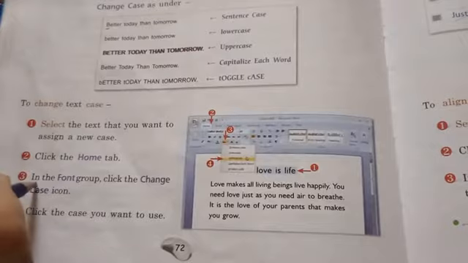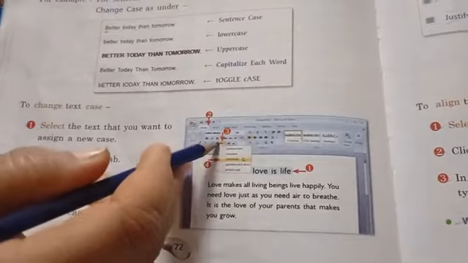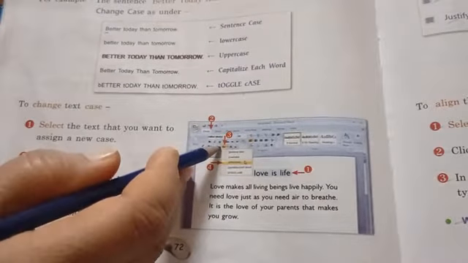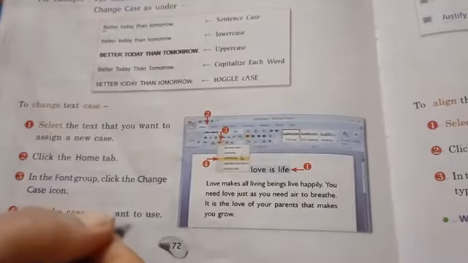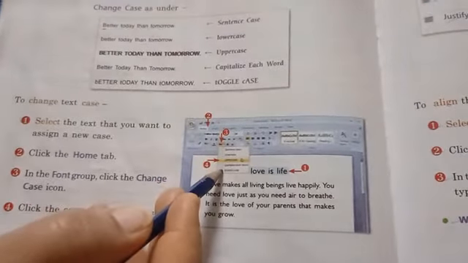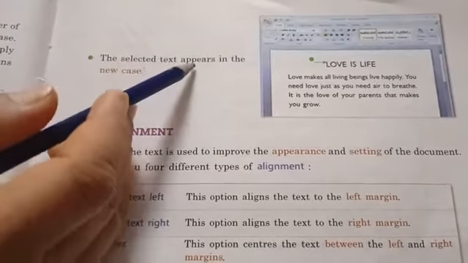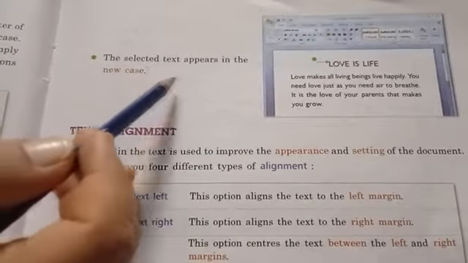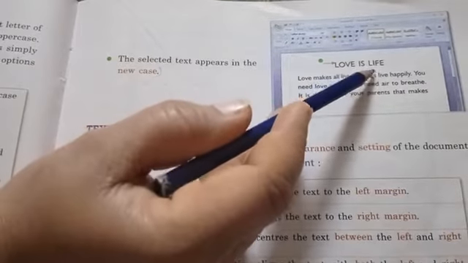Third step, in the Font group, click the change case icon. Fourth step, click the case that you want to use. After that you select your required case and then apply. The selected text appears in the new case. You can see this is uppercase, love is life.